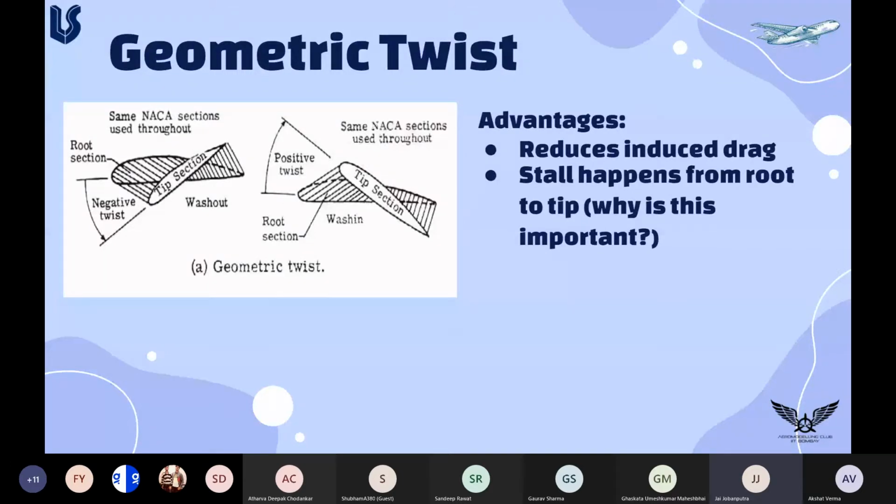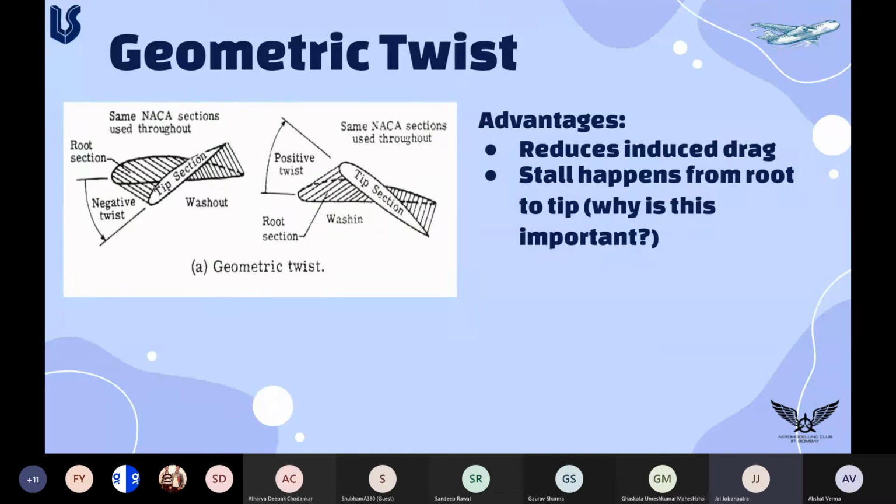The second point: stall happens from root to tip. Why exactly is this true? Consider your plane slowly increasing the angle of attack from 0 to, say, 10 degrees. Ten degrees is low, but for our discussion it's okay.